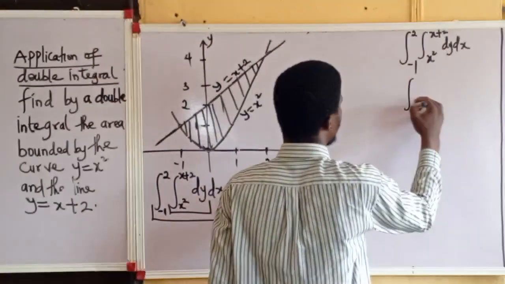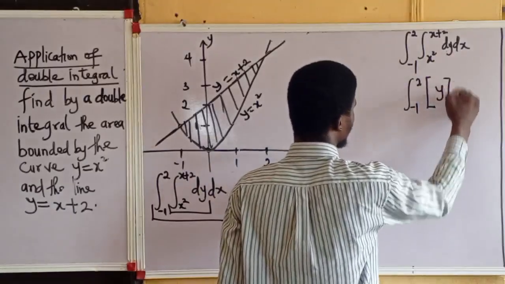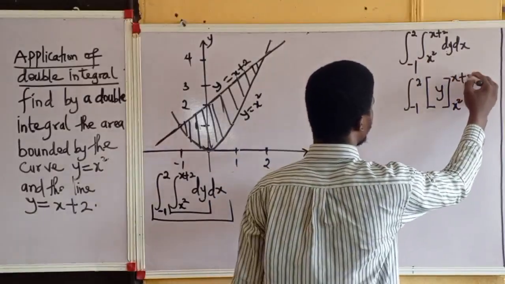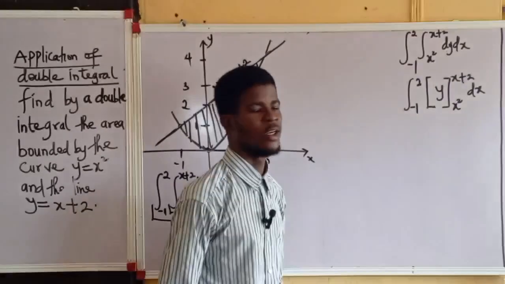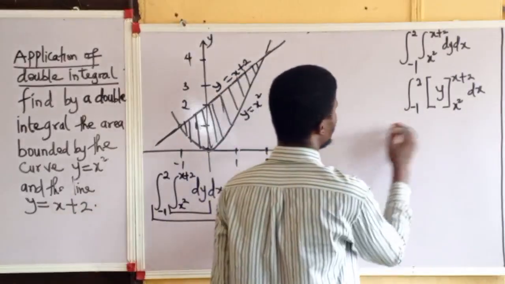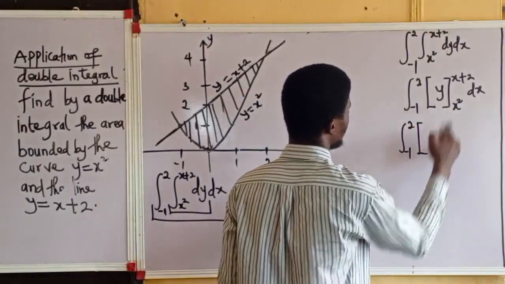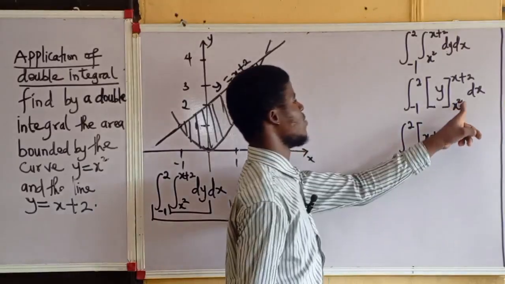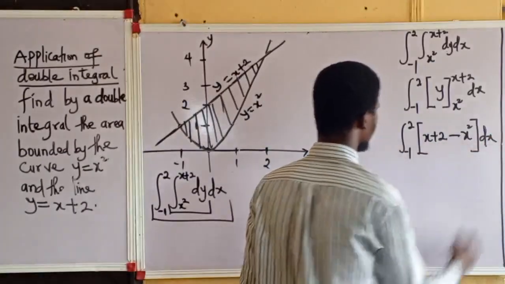So we have the integral from -1 to 2 of y from x squared to x plus 2 dx. So we now substitute the upper and the lower limit. Plugging in the upper limit first, we have the integral from -1 to 2 of x plus 2 will enter for y. Then x squared will now enter dx.